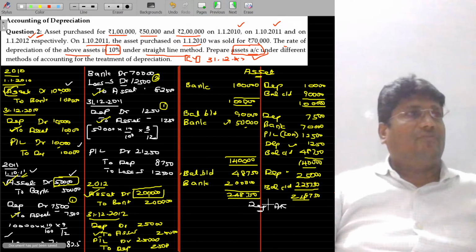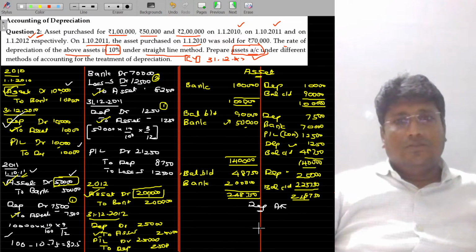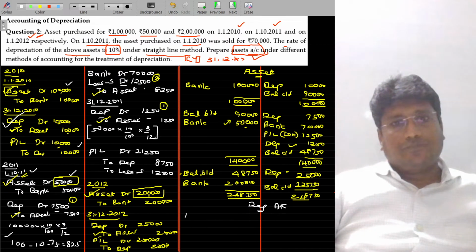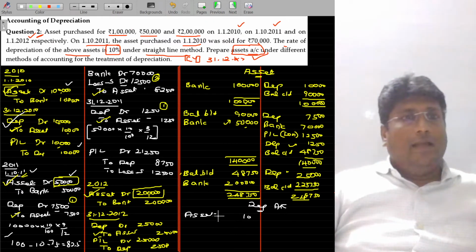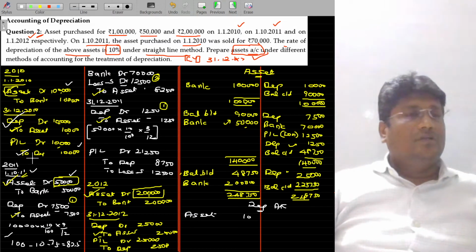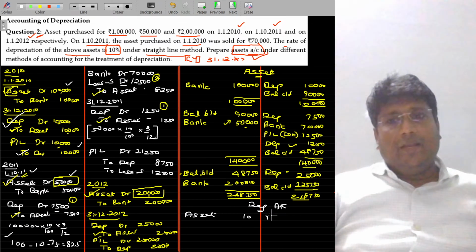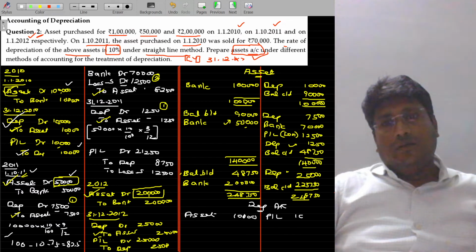I pass only for the first year. Here is depreciation to asset, this value being 10,000. And the next entry for the same year, the depreciation is charged to the P&L account. Then it may be by P&L account 10,000 rupees. Is that okay?